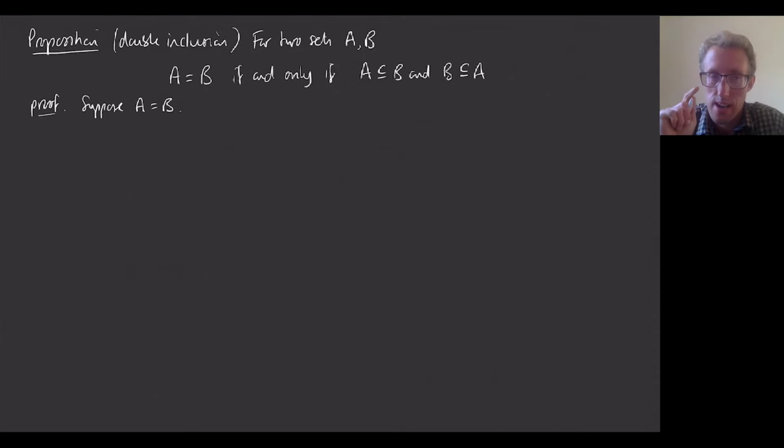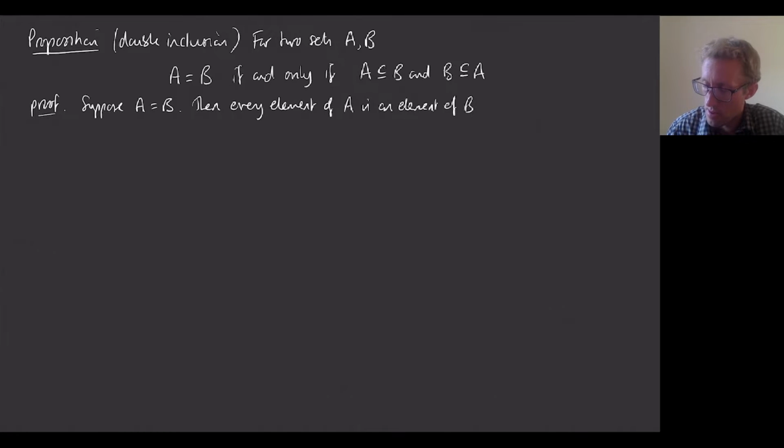That means that any element of A must be an element of B. And that is exactly the definition of A being a subset of B. So I'm going to say then every element of A is an element of B, and that means that A is a subset of B.